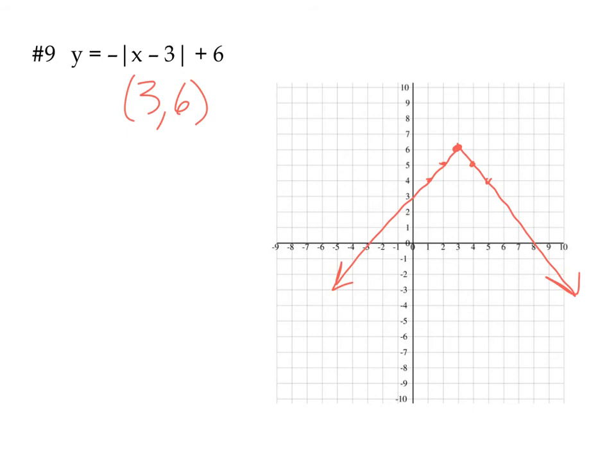It's shifted because the vertex has moved to a new location, and it's flipped upside down because we have a negative a value. Right? So again, we get comfortable with what these absolute value graphs look like, know how to describe them, understand how to get the vertex. That's the most important out of this. The axis of symmetry, recall, the axis of symmetry for a graph like this is this line that goes straight through the middle of the graph.